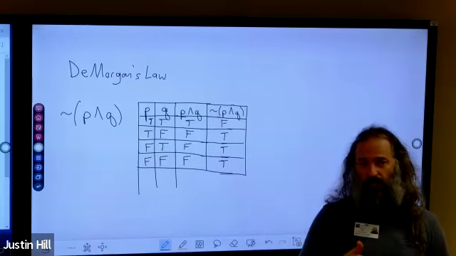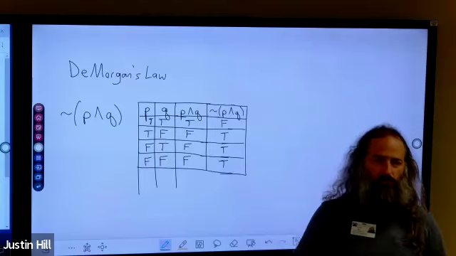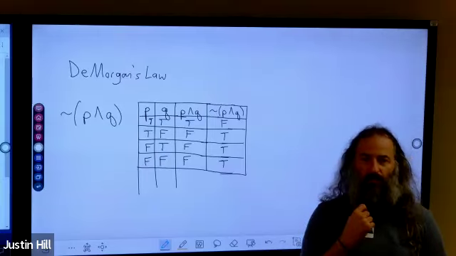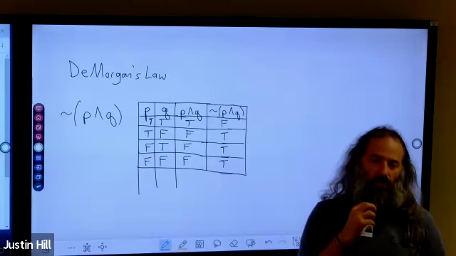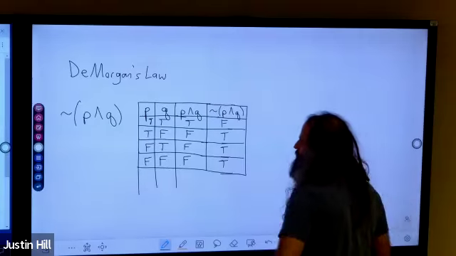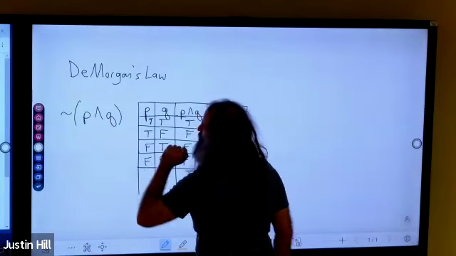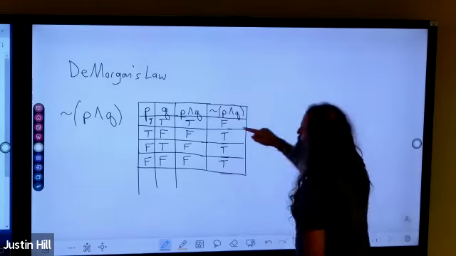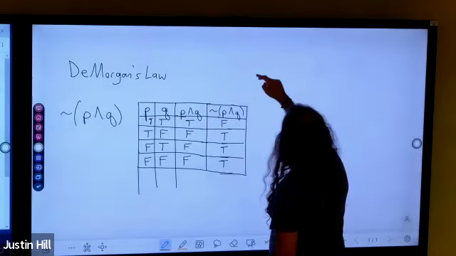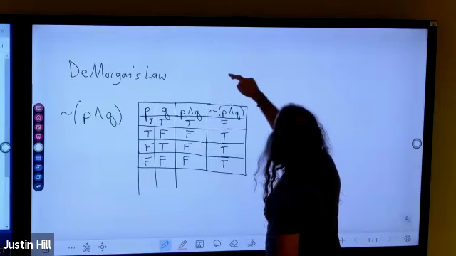So the hypothesis is maybe when you negate an and statement, you get an or statement because you're kind of flipping it to its complement. And you would also figure that if you're negating the statement, you would maybe negate both of these pieces. So let's write it this way.